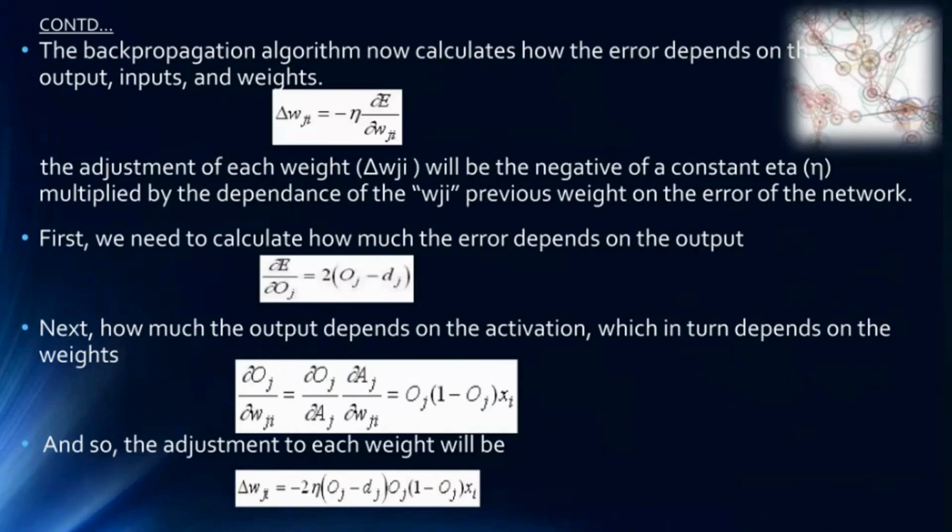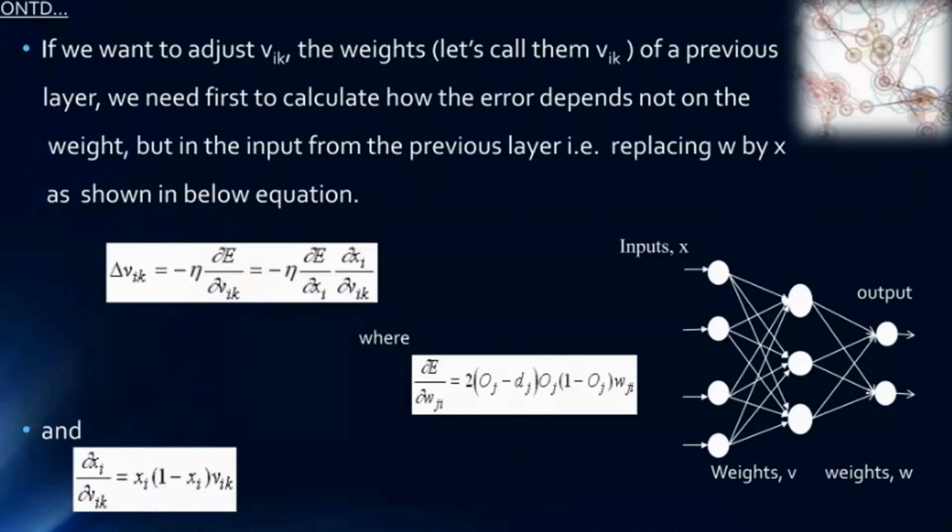The adjustment of each weight will be the negative of a constant multiplied by the dependency. It is a simple statement of the formal description: we need to calculate how much the error depends on the output, and next how much the output depends on the activation, which in turn depends on the weight.